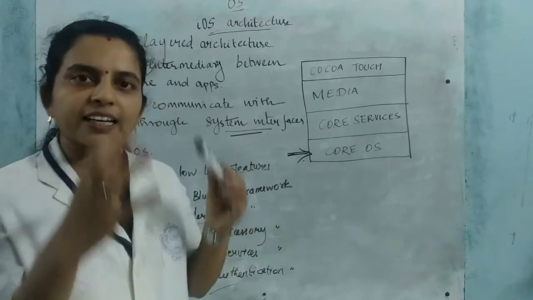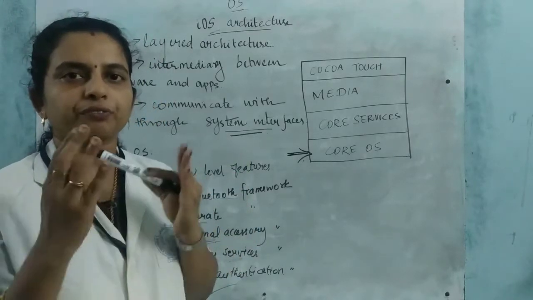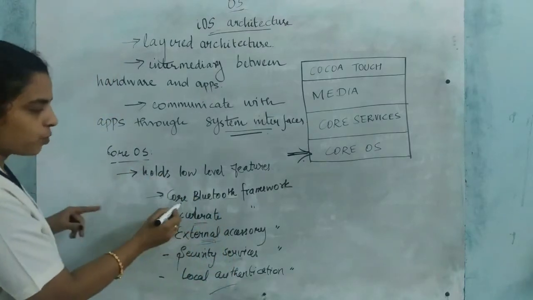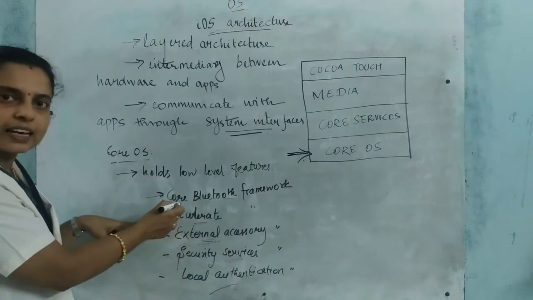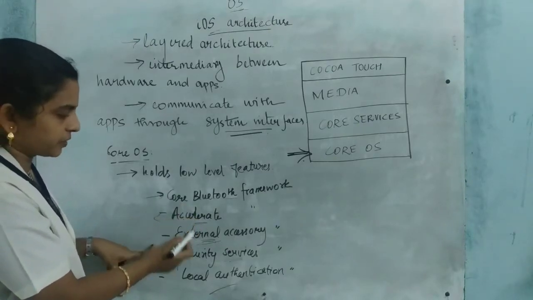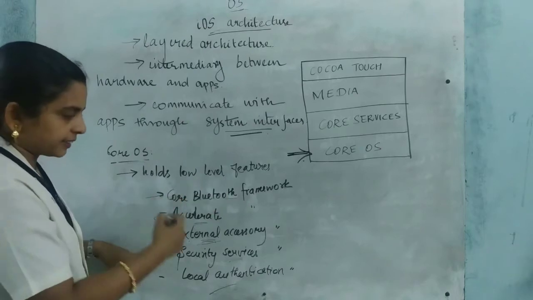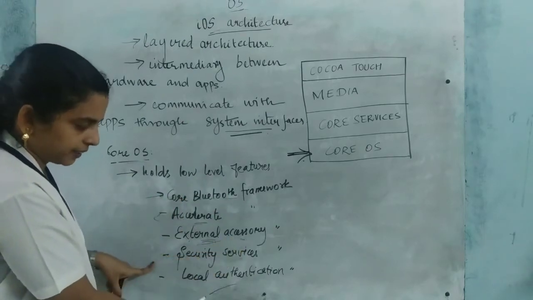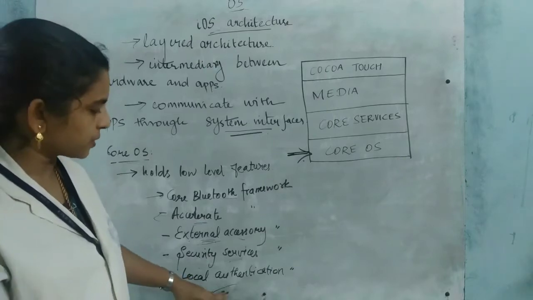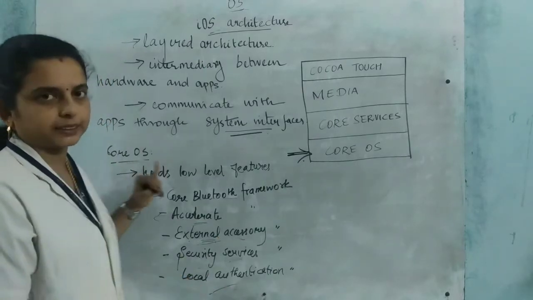All these kinds of services or functions are taken care of by the core operating system. So the Core Bluetooth framework takes care of Bluetooth, Accelerate handles the mathematical functions, then external accessories, then security services, and finally local authentication. This is also done by the core operating system.